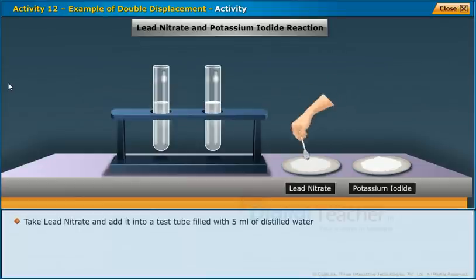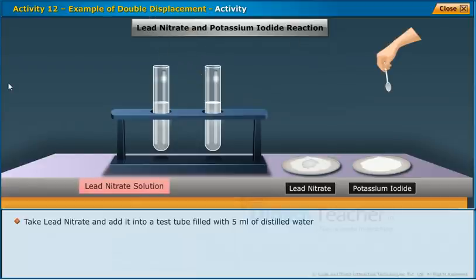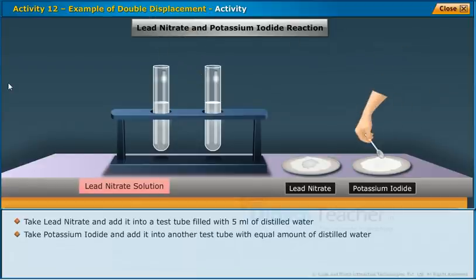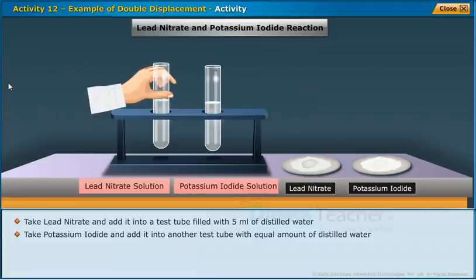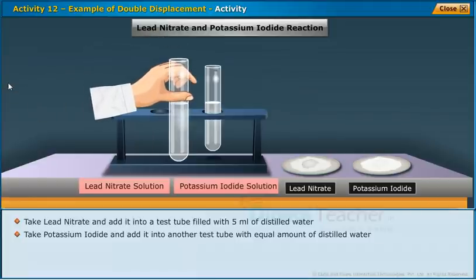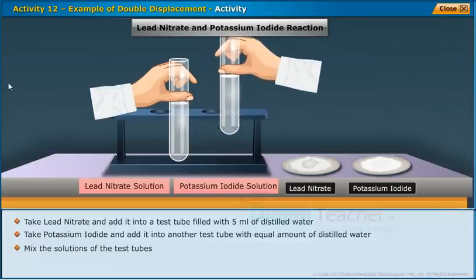Take lead nitrate and add it into a test tube filled with 5 ml of distilled water. Take potassium iodide and add it into another test tube with equal amount of distilled water. Mix the solutions of the test tubes.